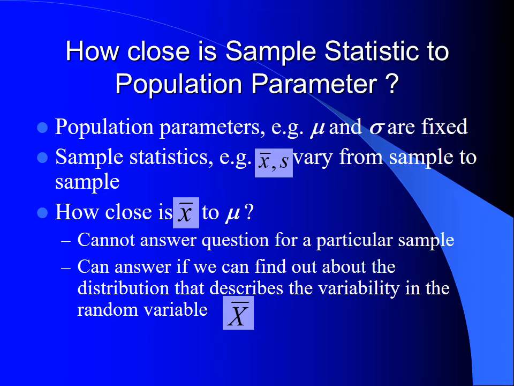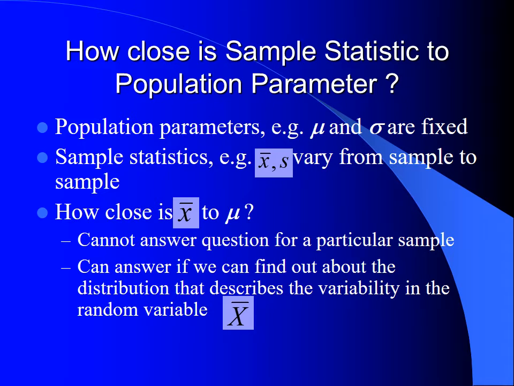My question is, when the sample mean is 50 and the population mean has to be 40 to 60 with 95% confidence, I'm looking for how close my sample mean is to the population mean. The 50 I have computed, how close is it? We cannot answer this question from a particular sample. So can we find out about the distribution that describes the variability in the random variable X bar?